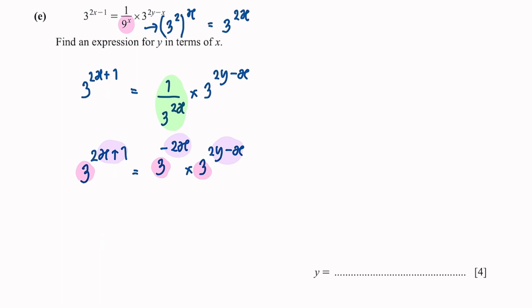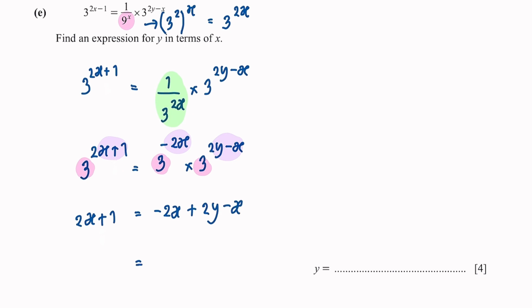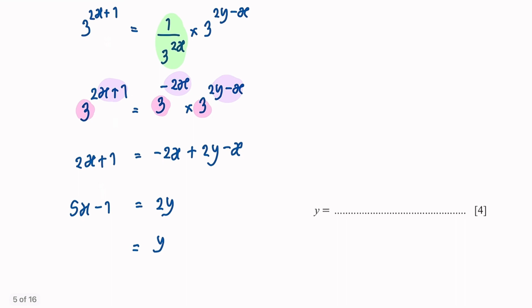And you will get 2x plus 1 is equal to minus x plus 2y minus x, which you will get 5x minus 1 is equal to 2y. Therefore, y is equal to 5x minus 1 over 2.